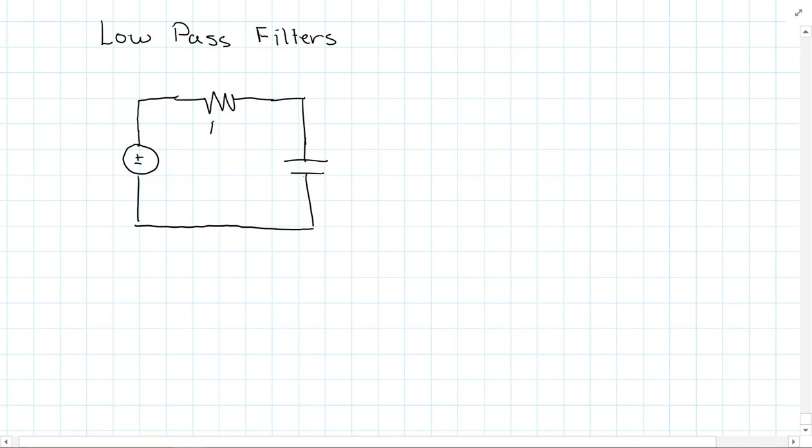And this is just a simple RC circuit. And this is my V in, and then my V out is going to be across the capacitor.